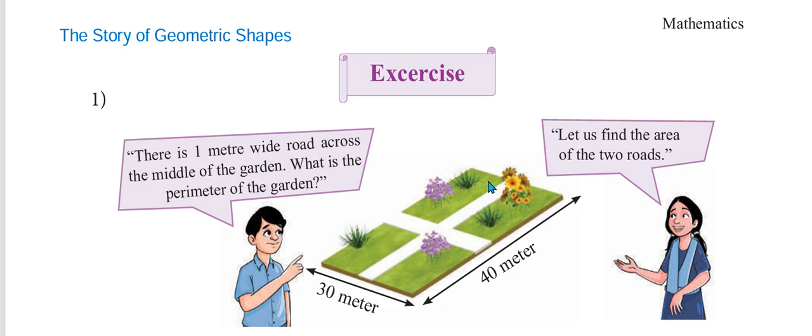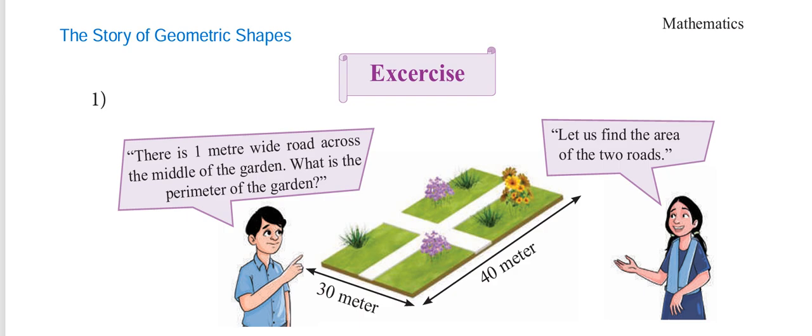Along the length of the garden, one road's length is 40 meter and width is 1 meter. On the other hand, along the width of the garden, another road's length is 30 meter and its width is 1 meter. And there is another important point. Both roads intersect each other.